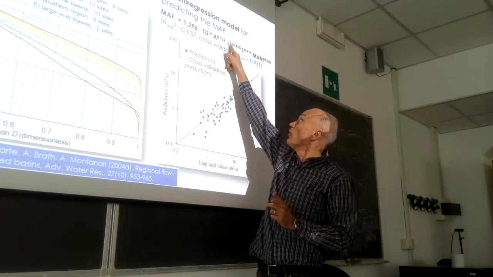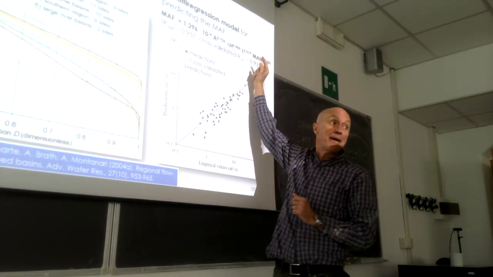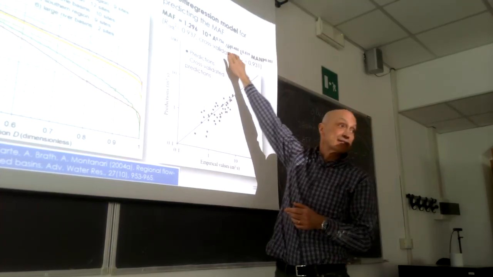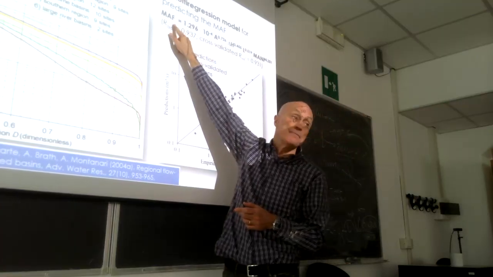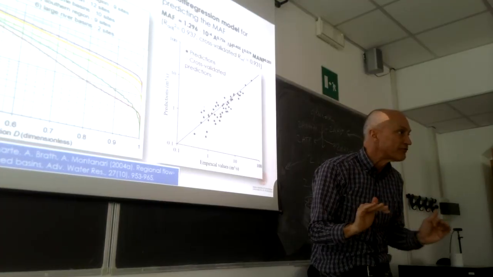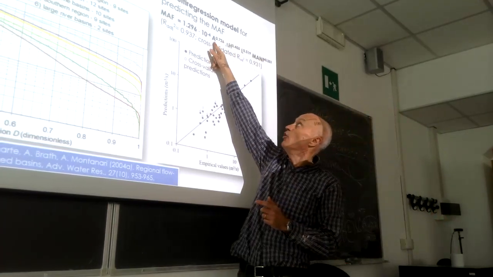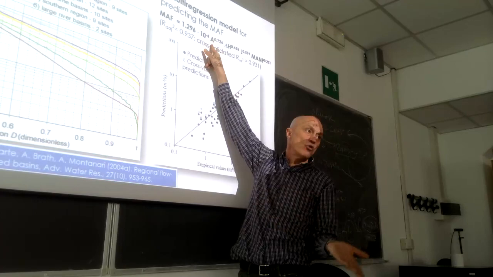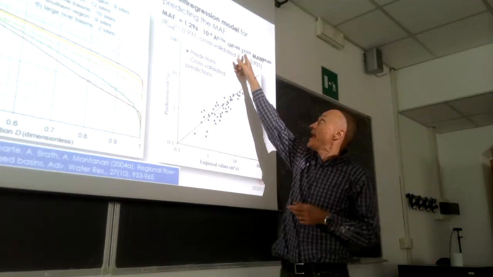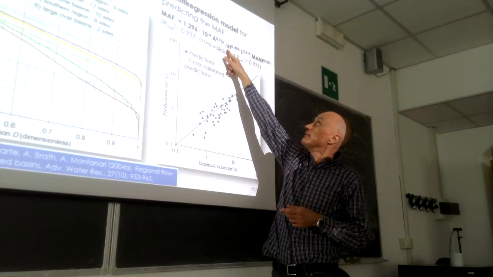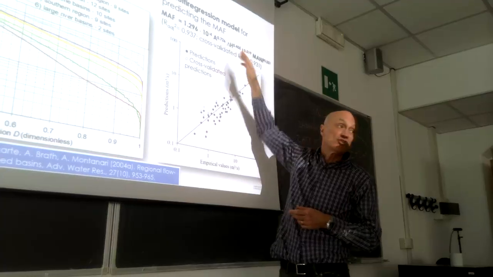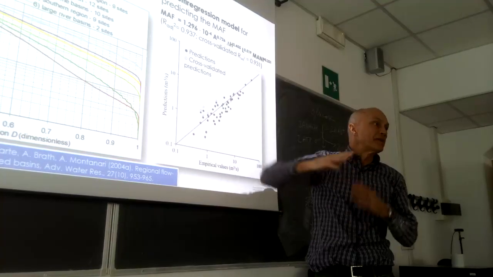Then elevation, mean elevation relative to the outlet, and main channel length is an indication of slope. So how steep is your catchment, how much rain your catchment gets, and based on this information, which nowadays you can easily retrieve in a GIS environment, you can produce a prediction of the mean annual flow.